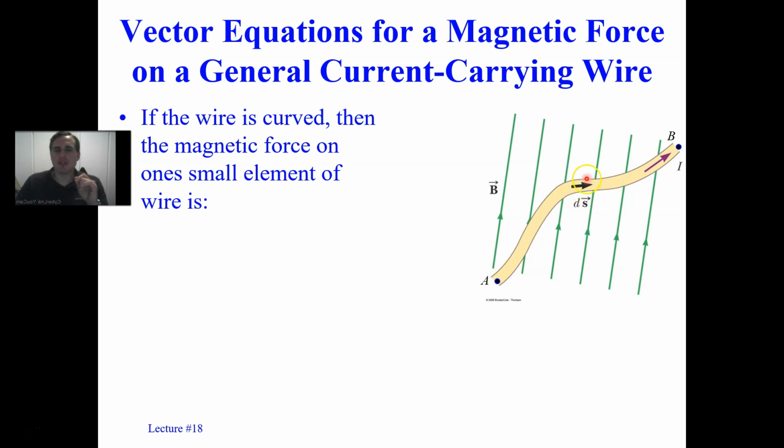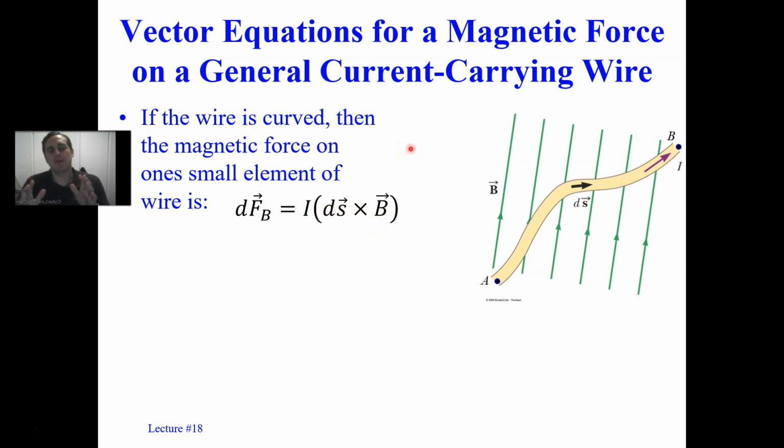Okay? So imagine this is our little small element of wire, ds. Imagine the current is running this way along the wire, and imagine that we have a certain magnetic field like so. So what we're going to have is dF_B equals I ds cross B.